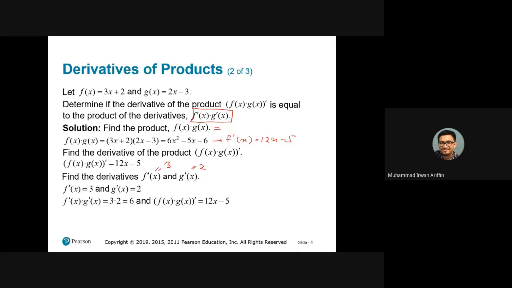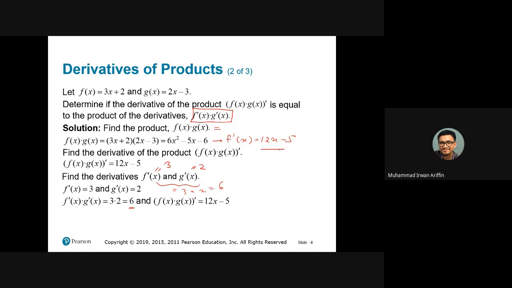If we multiply these two, 3 multiplied by 2 gives us 6.